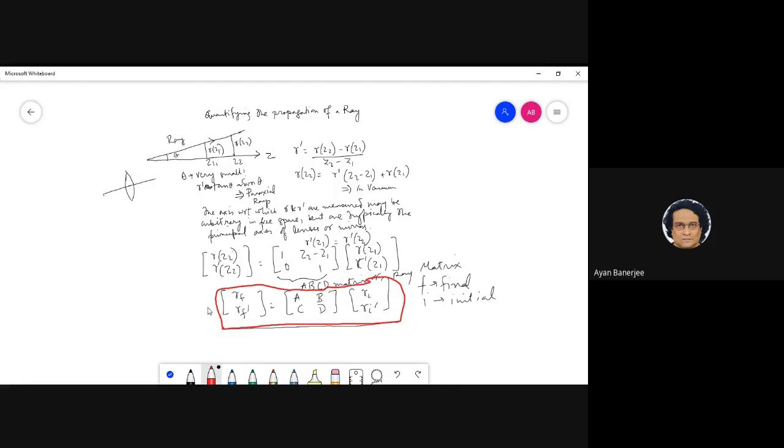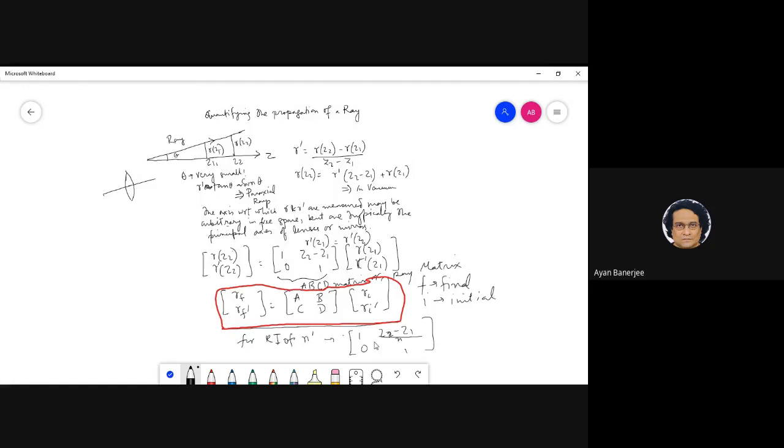Very importantly, if you have a refractive index of n, your ABCD becomes 1, Z2 minus Z1 divided by n, 0, 1.